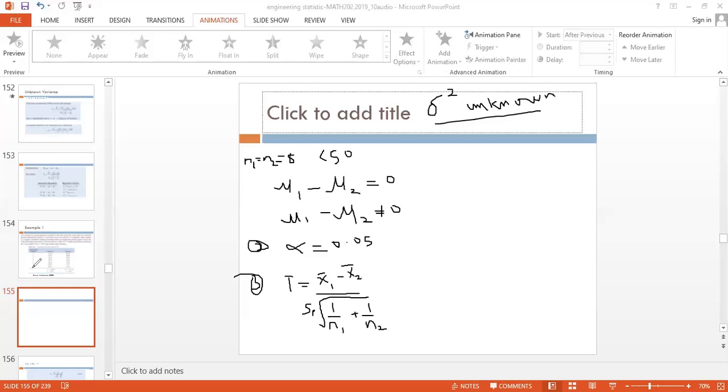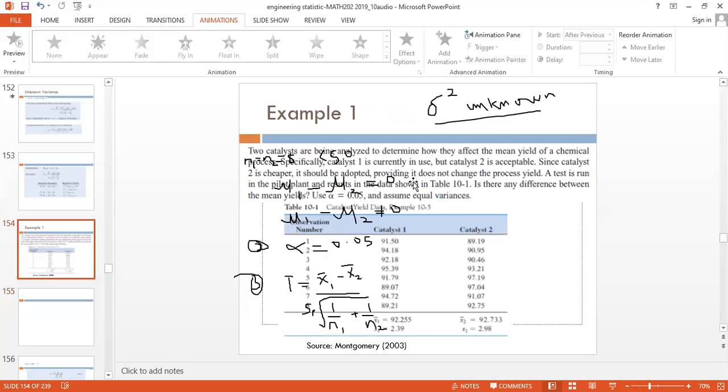Let's go and write that in the corner and then come back. So we are given x1 bar, which is 92.255. Then s1 is 2.339.